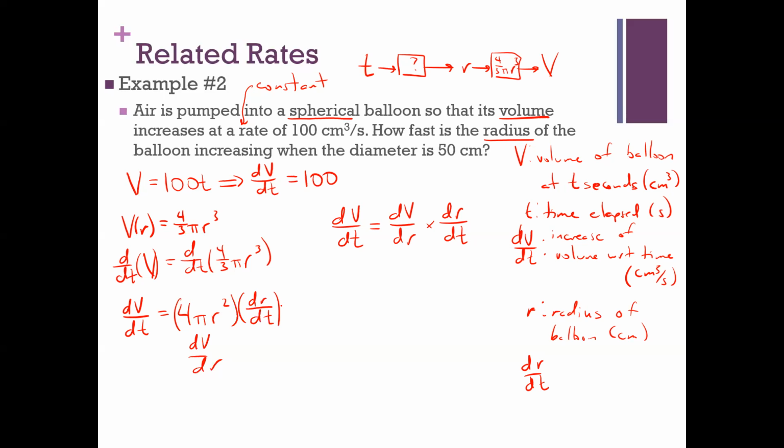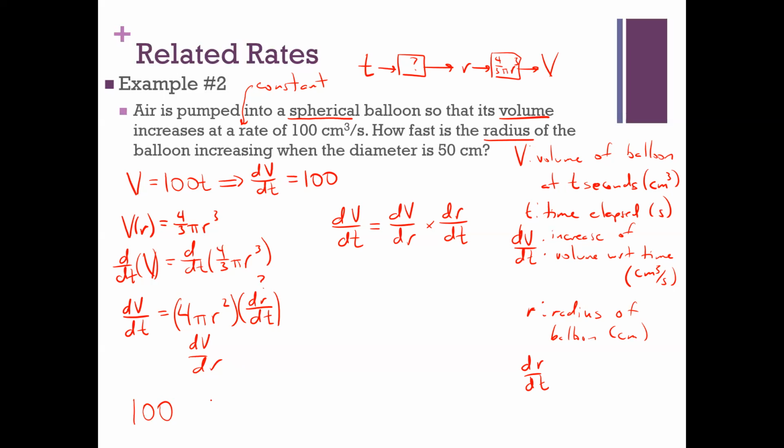All right, so we've identified what we want to solve for. Do I know what the other quantities are? So I want dr/dt, so I better know everything else. Do I know dV/dt? It's a constant 100, right? So yeah, dV/dt, and if you're ever unsure about whether or not you have something, just think about, okay, dV/dt, let's translate that to English.